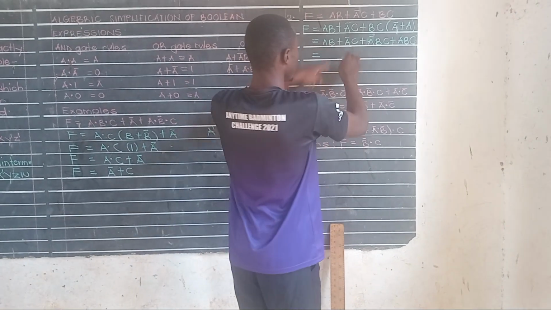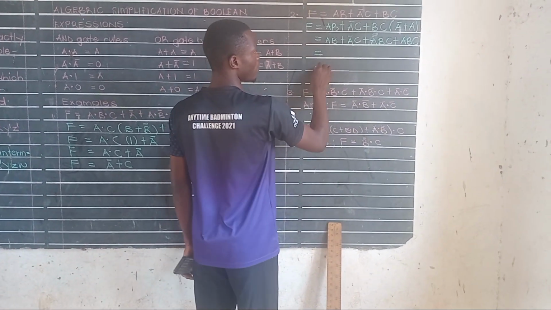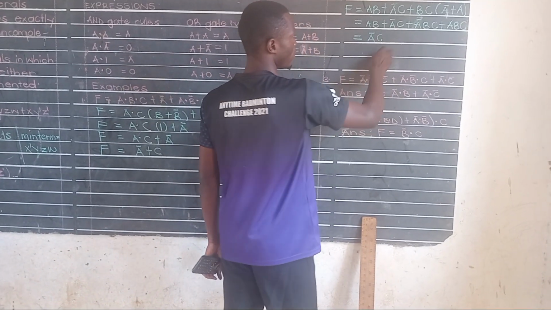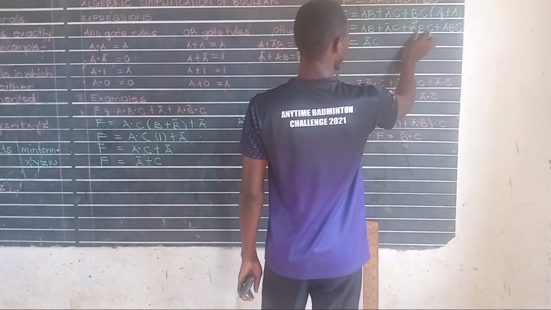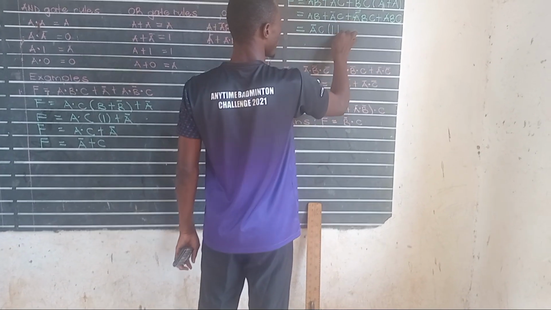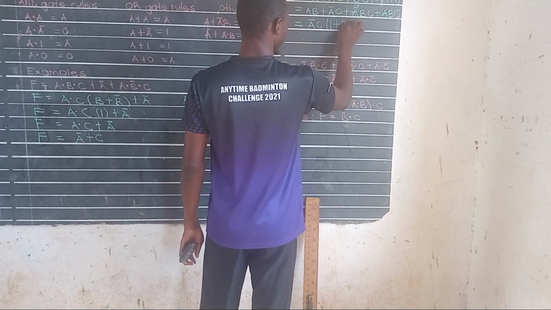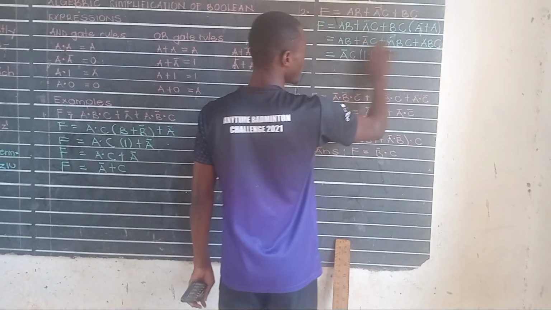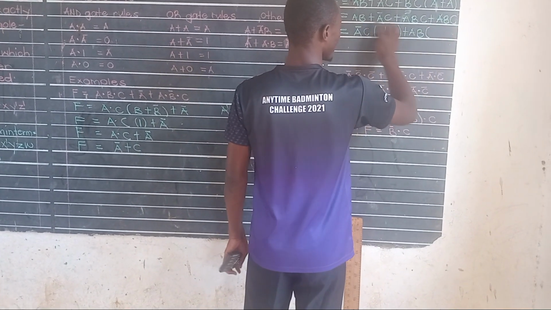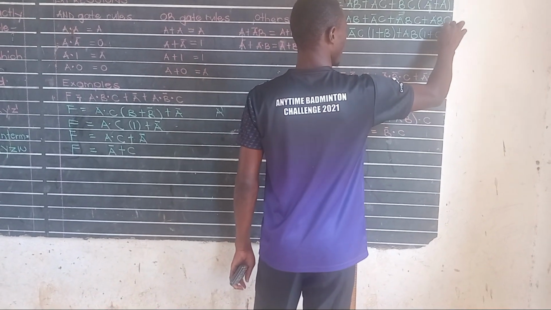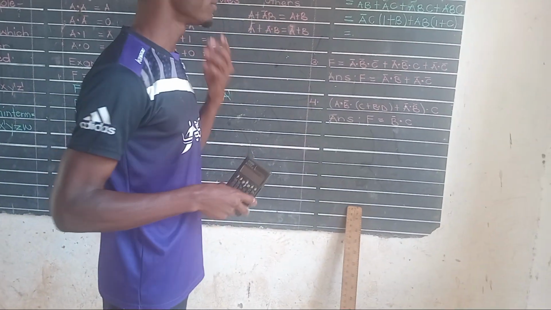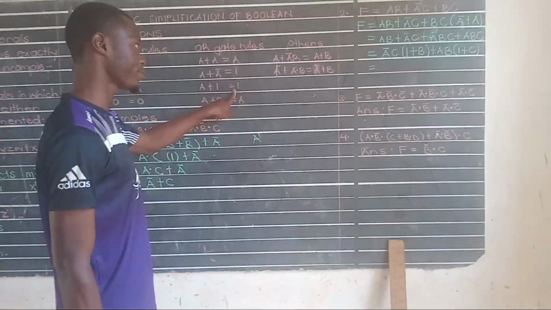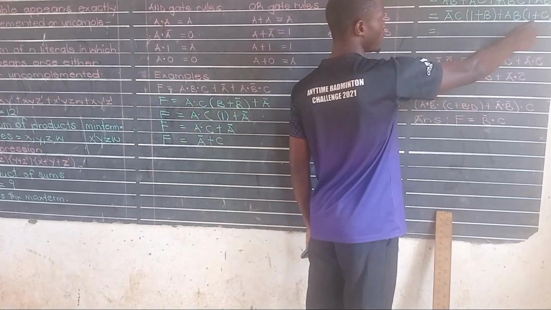And similarly to these two, this one and this one, let us have it as not A C into 1 plus B, this is from these two terms, then these two, this is A B into 1 plus C. So I think I can further refer to my rules because they are telling that A or 1 is 1, which implies that this is a 1 and this is also a 1.